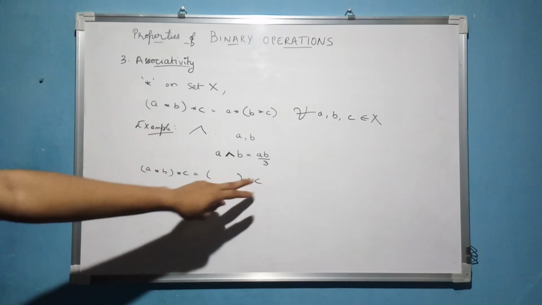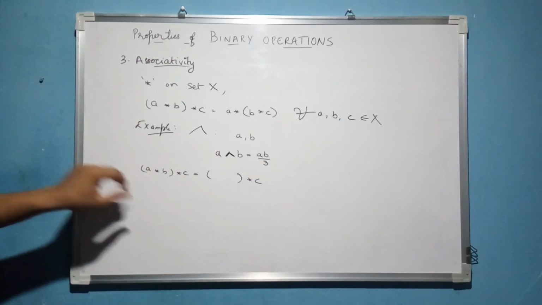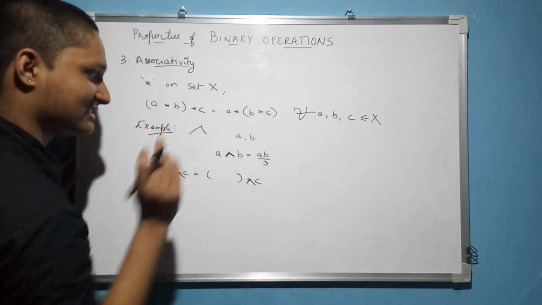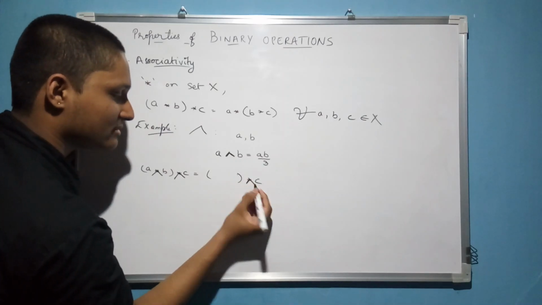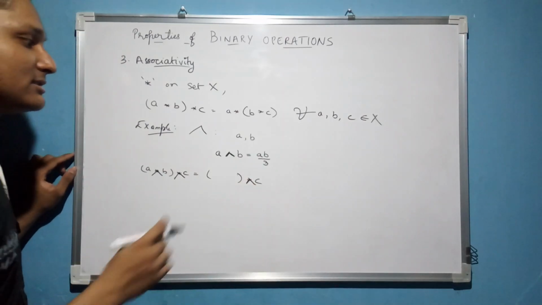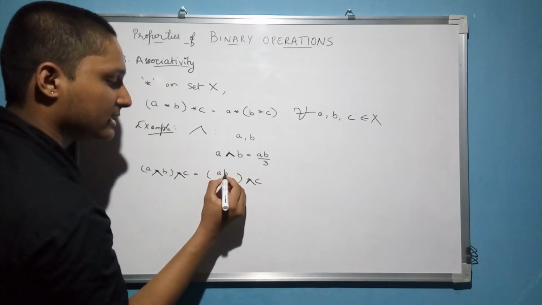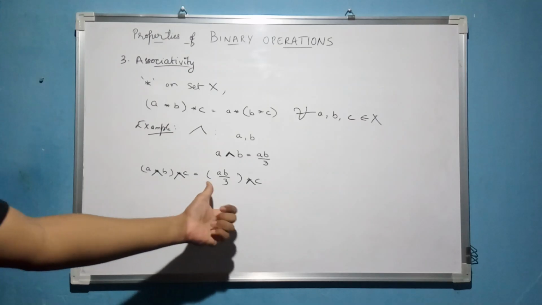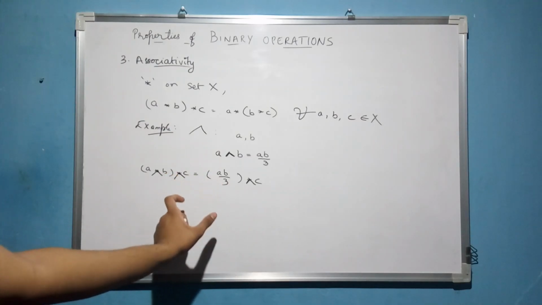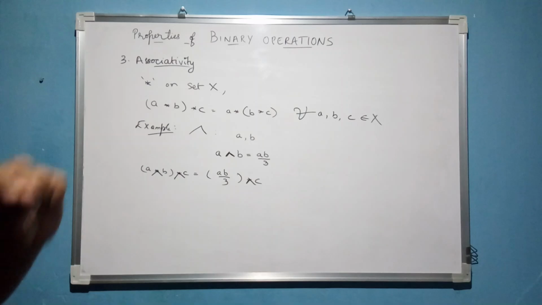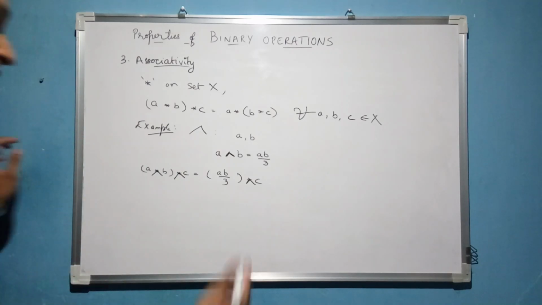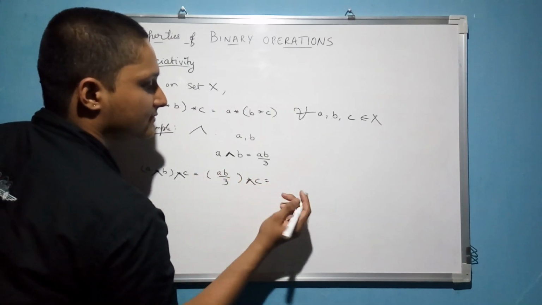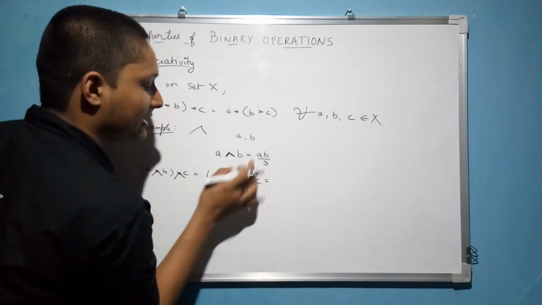So A star B becomes AB by 3, because you are applying the binary operation to A and B. So AB by 3 becomes one number and C is one more number, whether rational or real. So in place of A, I need to write AB by 3.